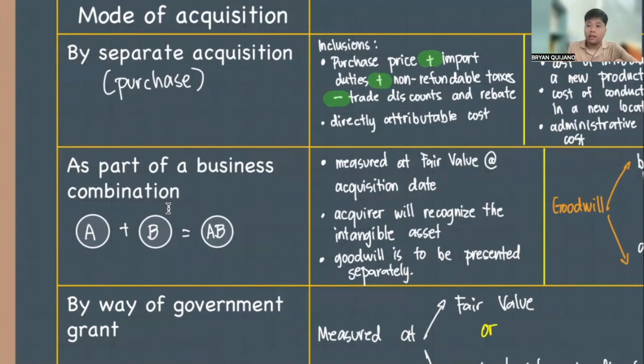Then the acquirer will recognize the intangible asset, which will be recorded in the combined business of these two separate entities. Then again, if there will be goodwill from the combined businesses, then the goodwill is to be presented separately in compliance with the requirements of PAS 38 or IAS 38.